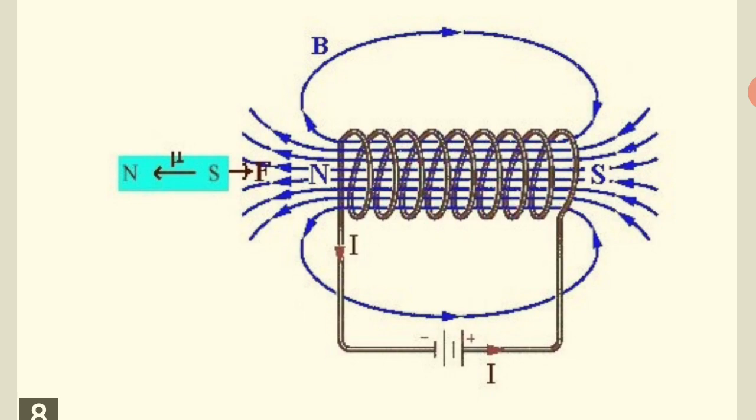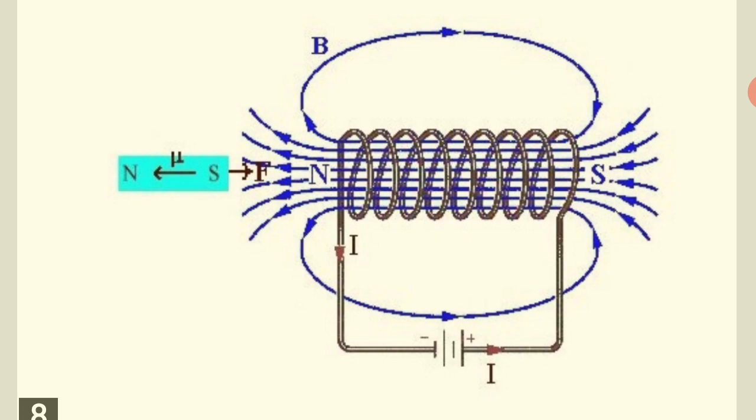What does it mean? The magnetic field lines being parallel to each other inside this solenoid indicates that the magnetic field is uniform inside the solenoid.